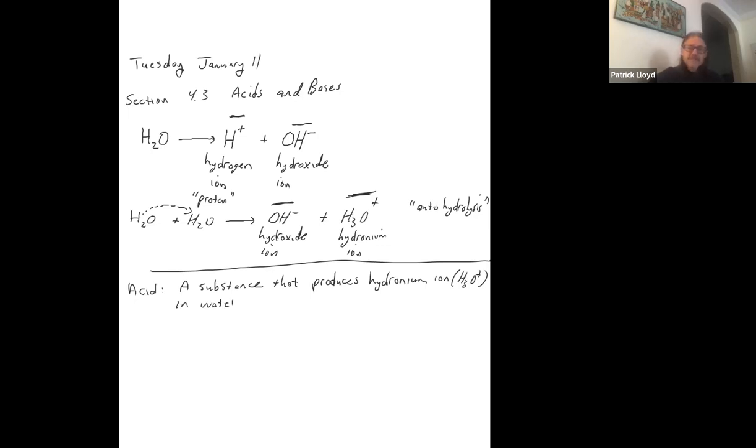Okay. So if something produces the hydronium ion, it's considered an acid. So you might ask, well, wait a minute. These two water molecules reacted to form a hydronium ion. So does that mean that the water molecule is an acid? And the answer is yes. What that means is essentially water is an acid. It does behave like an acid under some circumstances. If you produce the hydronium ion, you're an acid.